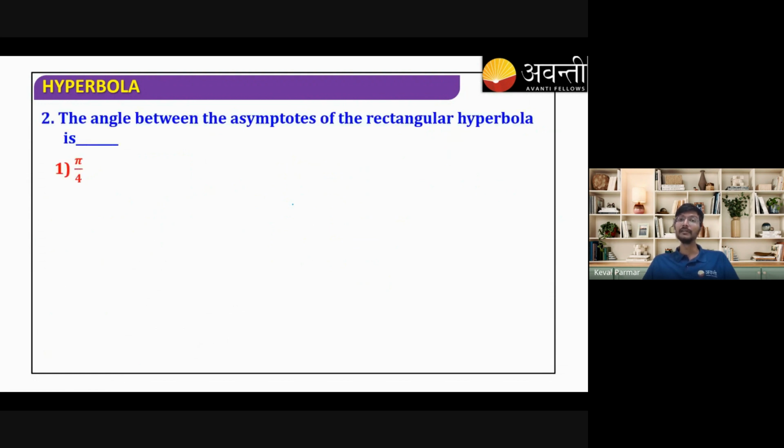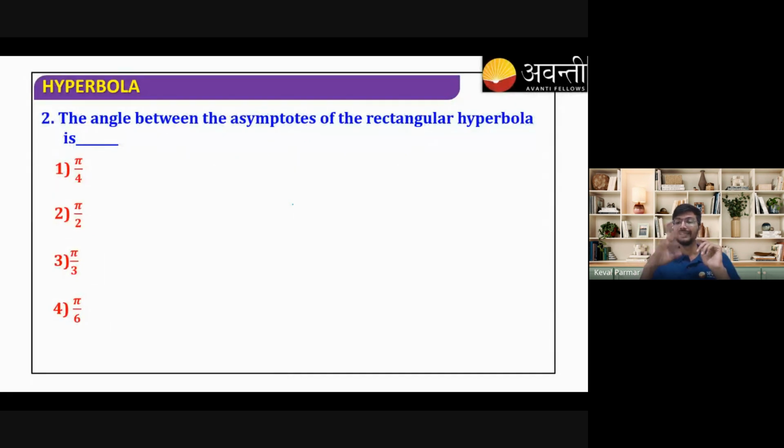The angle between the asymptotes of the rectangular hyperbola. Now, obviously, guys, it is asked in general for a rectangular hyperbola.